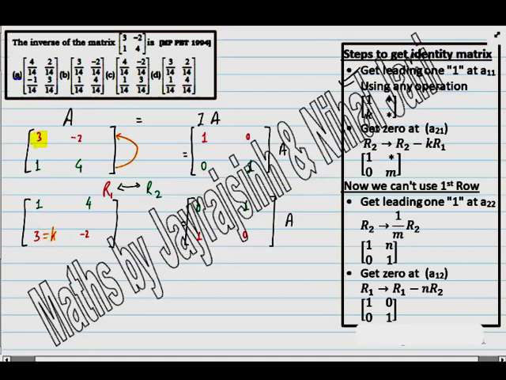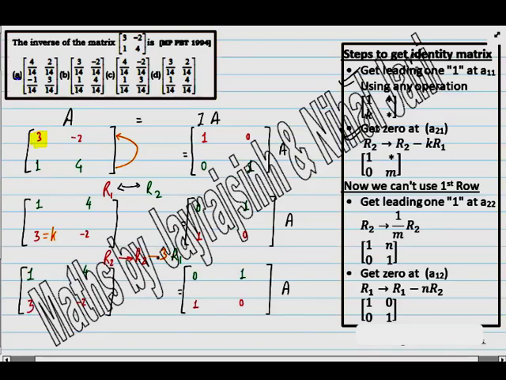The second step is get 0 at 21 point, and for that the preferable operation is R2 gives R2 minus KR1. So here now R2 gives R2 minus K, or we can say 3R1. So first of all, let's write down what we already have. Here it is.